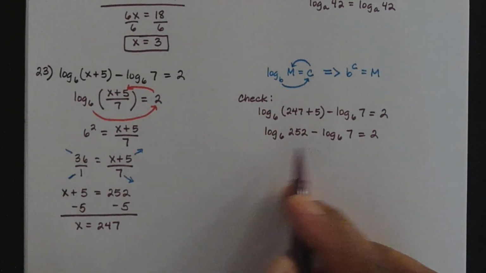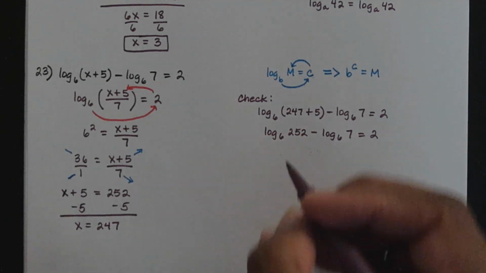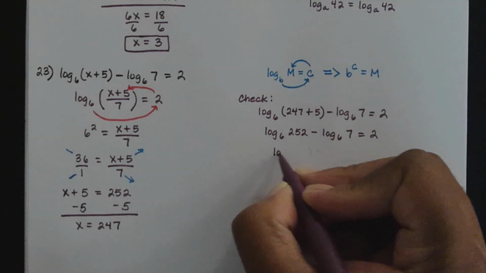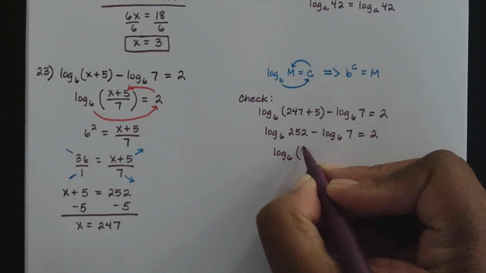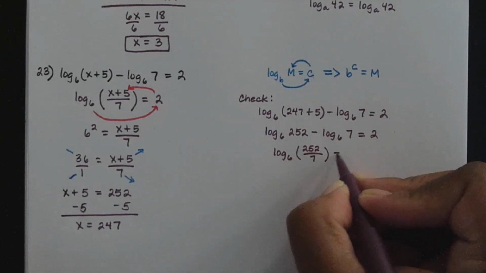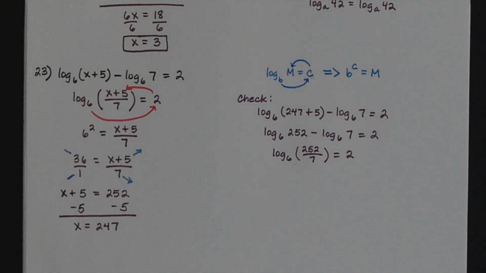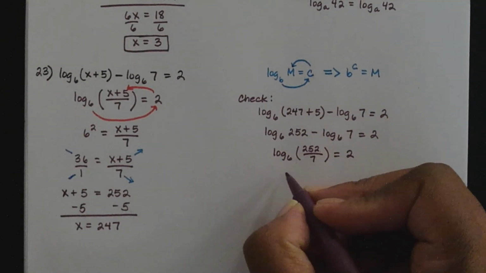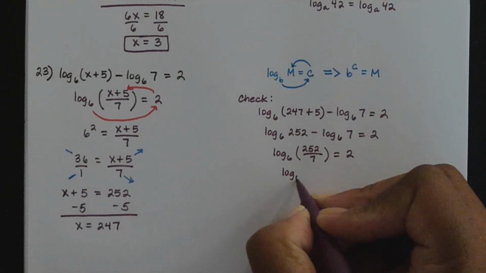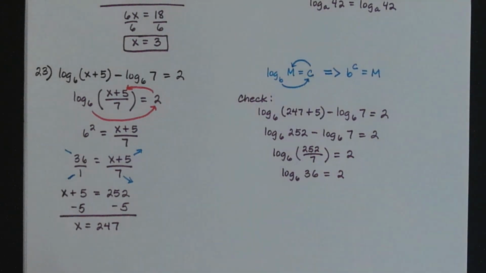Now I have the difference of the individual logarithms, which condenses as the log of the quotient. So here I'm going to have log to the base 6 of 252 divided by 7. And that's equal to 2. Now if I take 252, divide that by 7, I would get 36. So log to the base 6 of 36 equals 2.